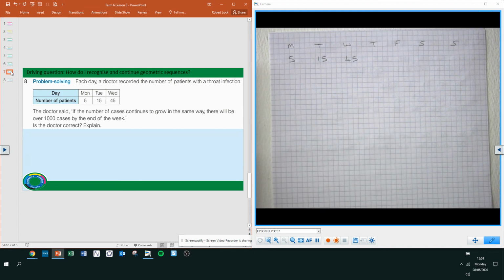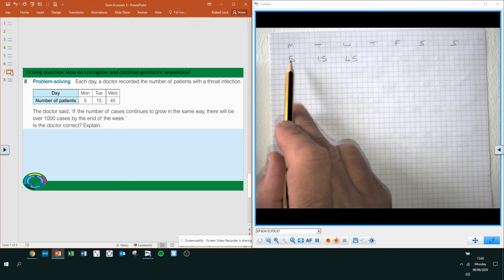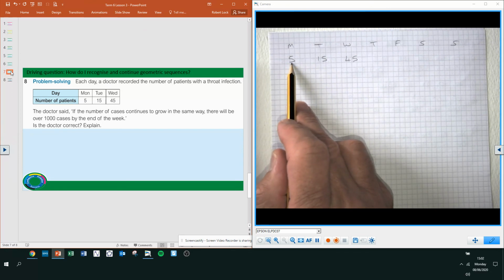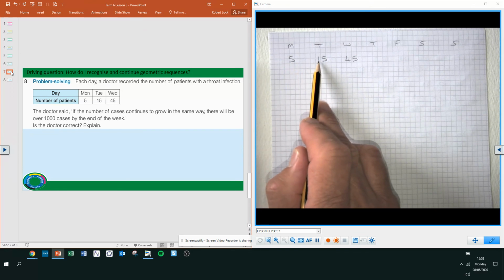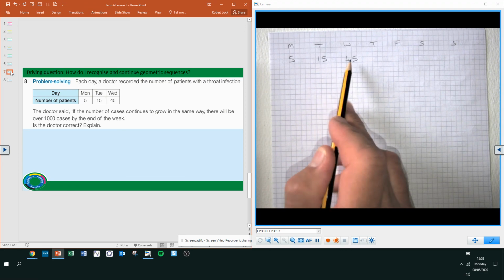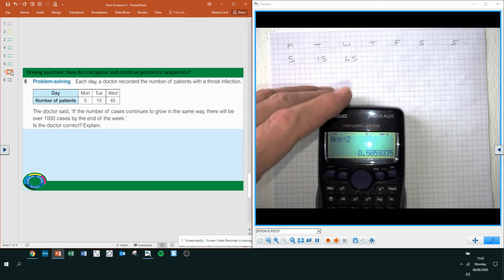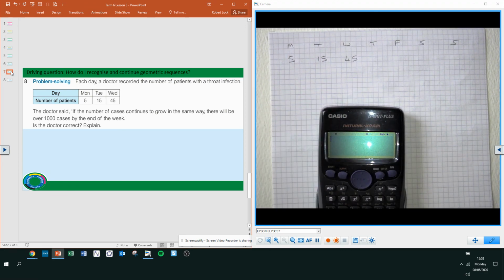Remember, it's going to be a multiple for the geometric sequence. We times by 2, get 10. Times by 3, 15. So times by 3. So see if it works here. 3 times 15 makes 45. Get our calculator out. So 5 times 3 makes 15, what we wanted. Times by 3 again makes us 45. So it's times by 3.